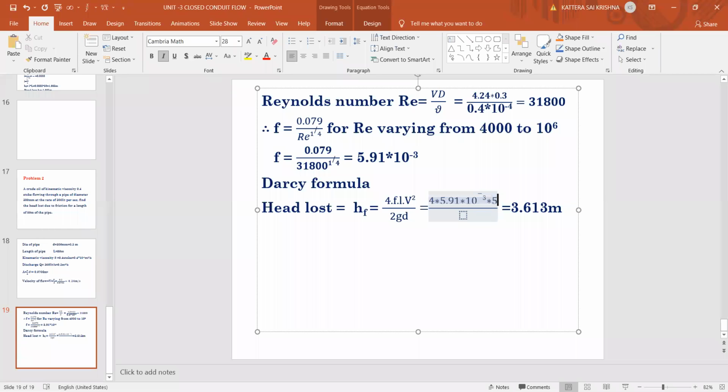So L value is 50, into V square. Velocity we got as 4.24, 4.24 square, divided by 2 into 9.81 into diameter 0.3.